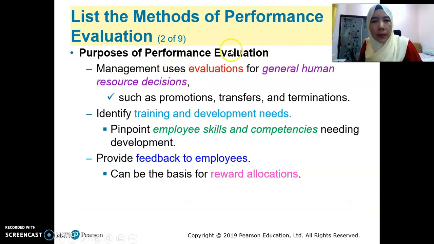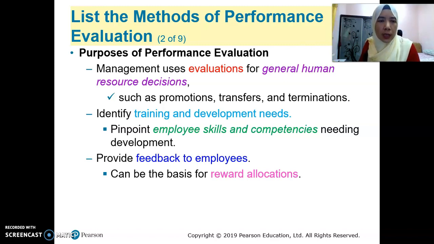Purpose of performance evaluations. Normally when we talk about human resource functions, policies and practices, we have first recruitment, second selection, and then training. After training, the organization or the managers need to evaluate the performance of the employees they hired. That is also considered an HR function.